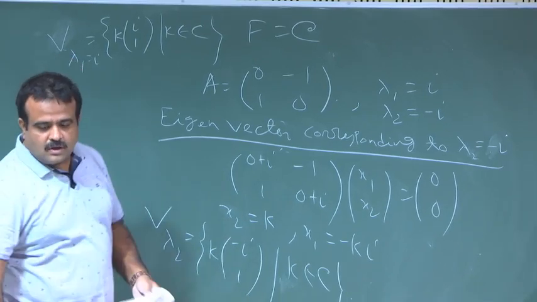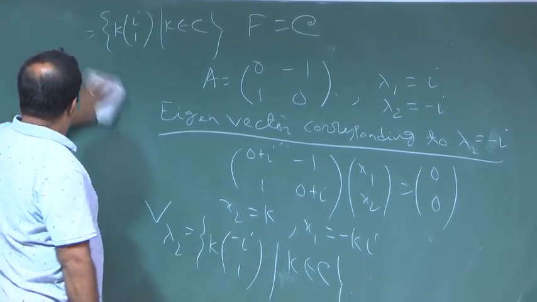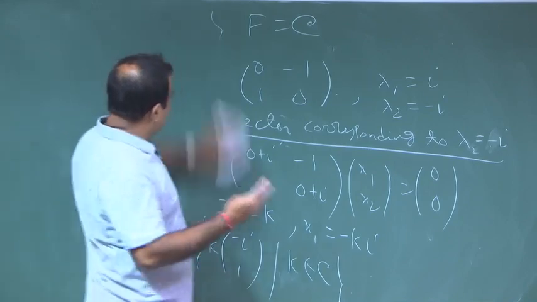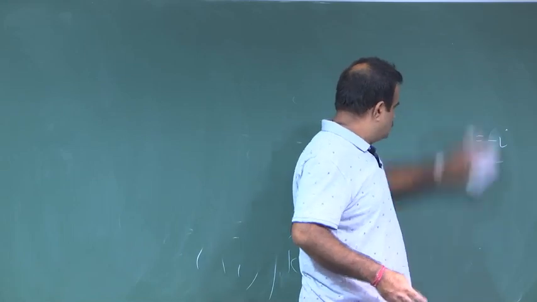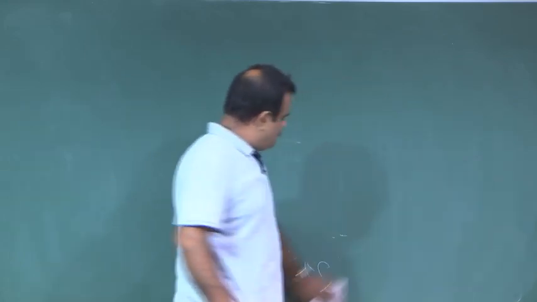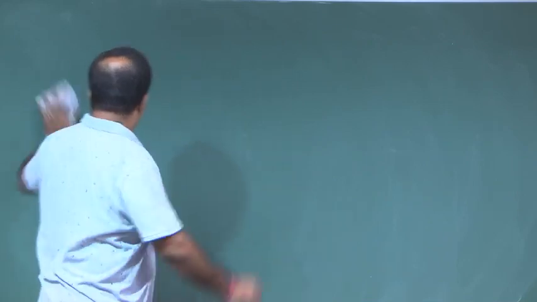Now we will get some results on eigenvectors. If we have two eigenvectors corresponding to two distinct eigenvalues, then they are independent. This is a theorem.